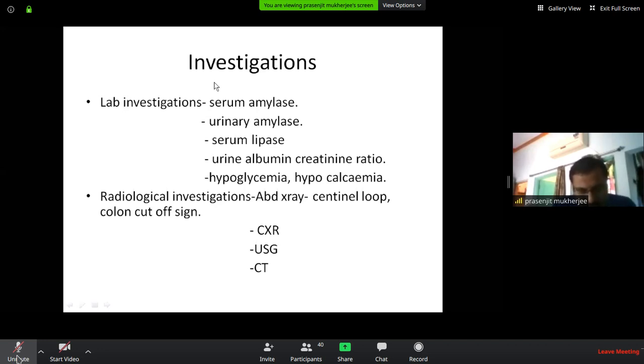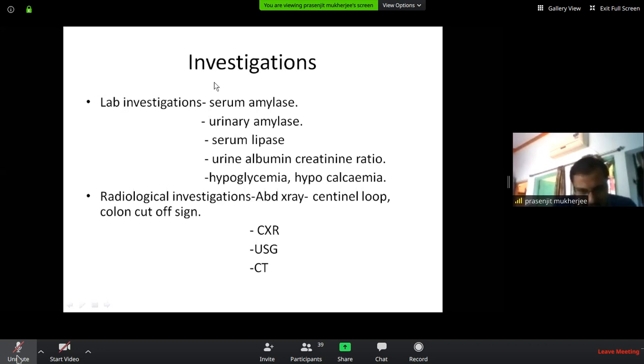CT guided FNAC. FNAC from the necrotic area and culture these necrotic areas. You have to culture these necrotic areas to know whether this is infected pancreatic necrosis or non-infected or sterile pancreatic necrosis. If it is infected necrosis, then there is a role of antibiotics.